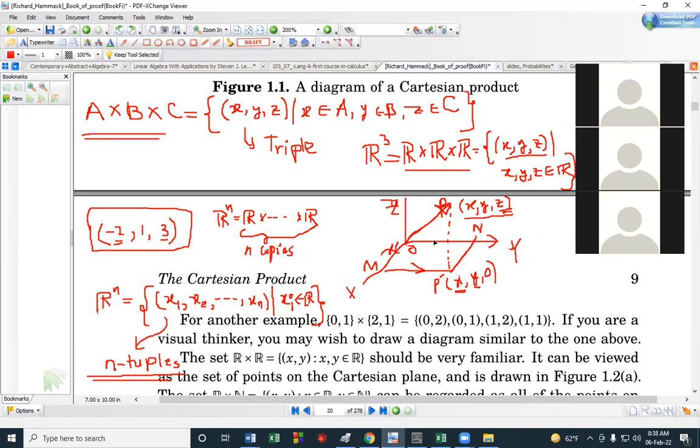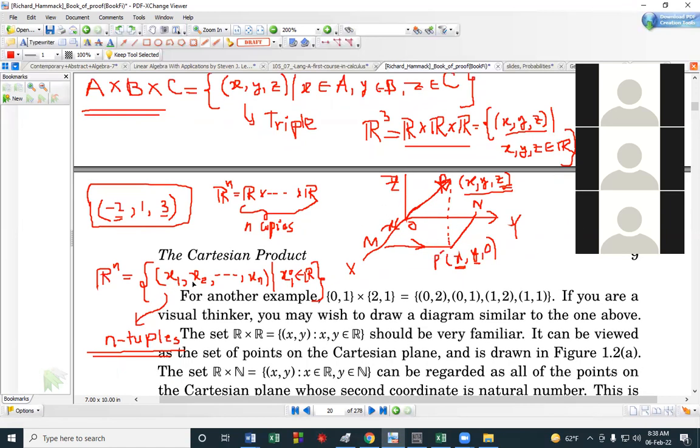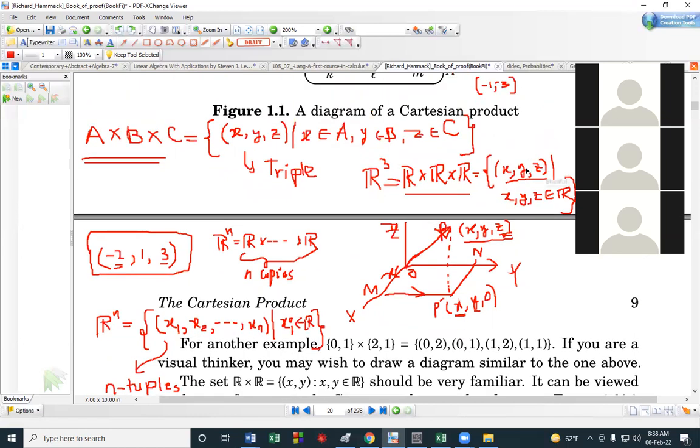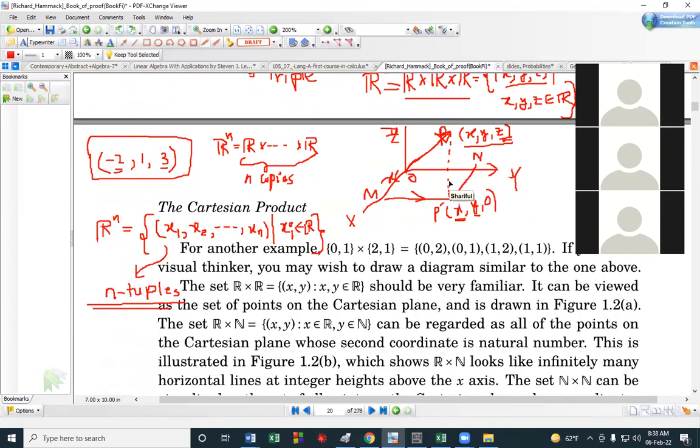Yes, sir. So in this case, I don't have that many distinct letters. That's why I said x1, x2 and x3, just different naming. Do you see my point now?